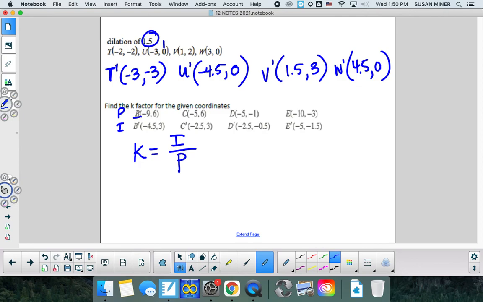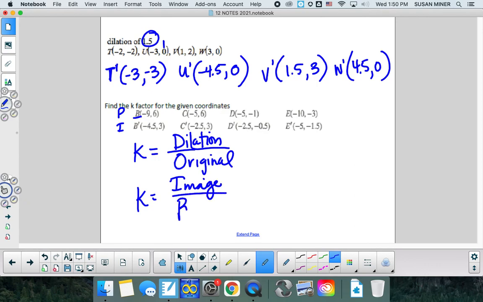Or you can put it however you want, we could take the dilation and divide it by the original. I prefer image to pre-image, because that is most likely how you will see it in math: image divided by pre-image.